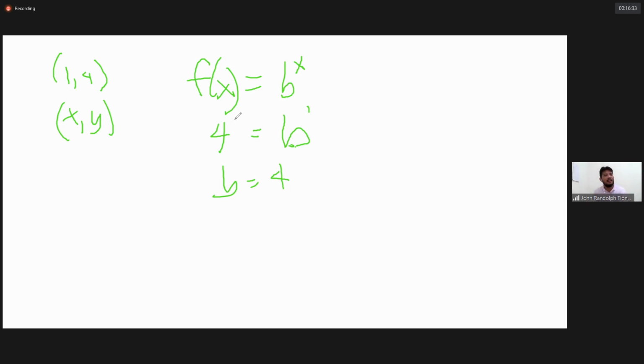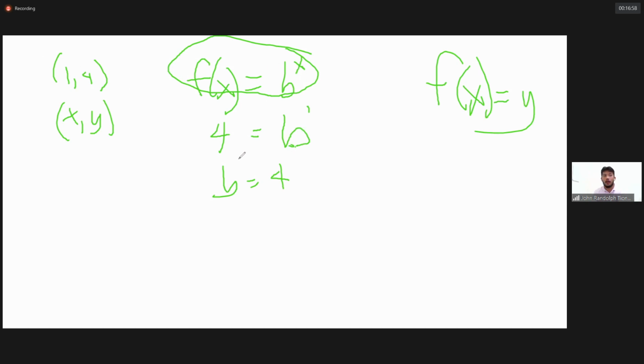All right, so again, our goal here is to find the base given a point on the graph of an exponential function. Here 1, 4: 1 is your x, 4 is your y. From the equation f of x equals b to the power of x, we know f of x is simply equal to y. So we replace y with 4, b to the power of your x value, which is 1.